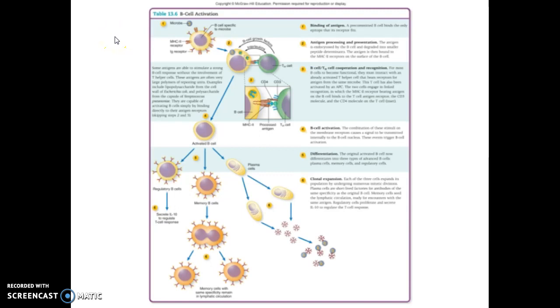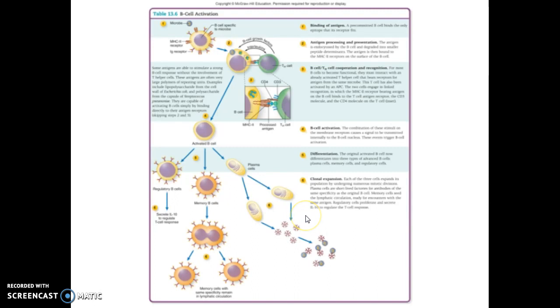And then once it gets back into your body, the B cells don't have to go through this entire process, because you already have that downstream effect that was established the first time your body saw this microbe. So then, all of these memory cells can react very quickly and bind specifically to this microbe and get rid of it before there's a problem.